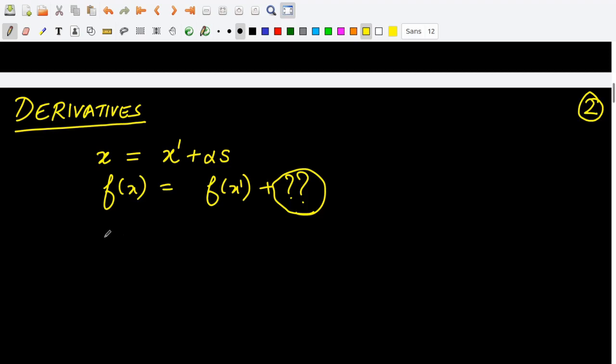So let's look at the first order derivative first. Let's see what could be del f(x) by del alpha. So I'm trying to measure how the function changes as I go farther and farther in a given direction. So here I'm trying to evaluate the rate of change of f once I know what s is.